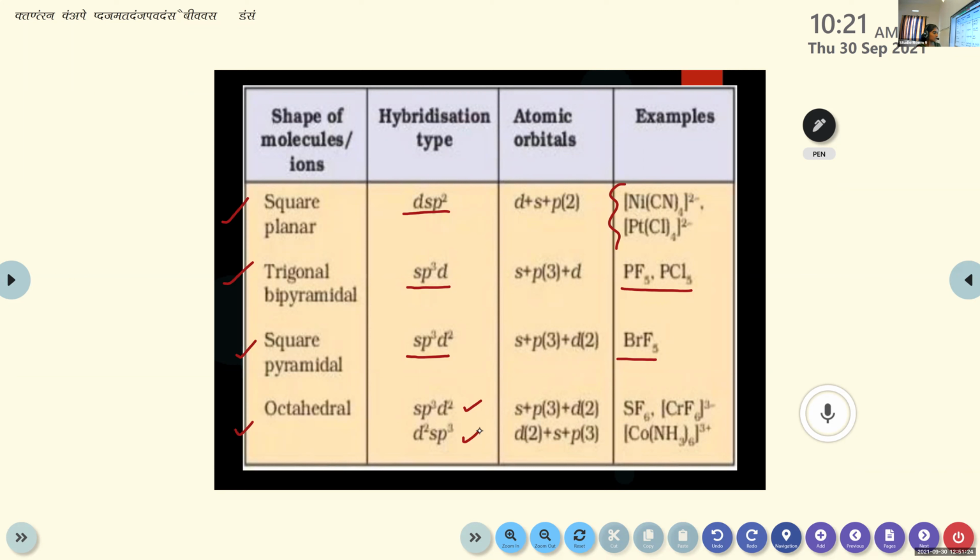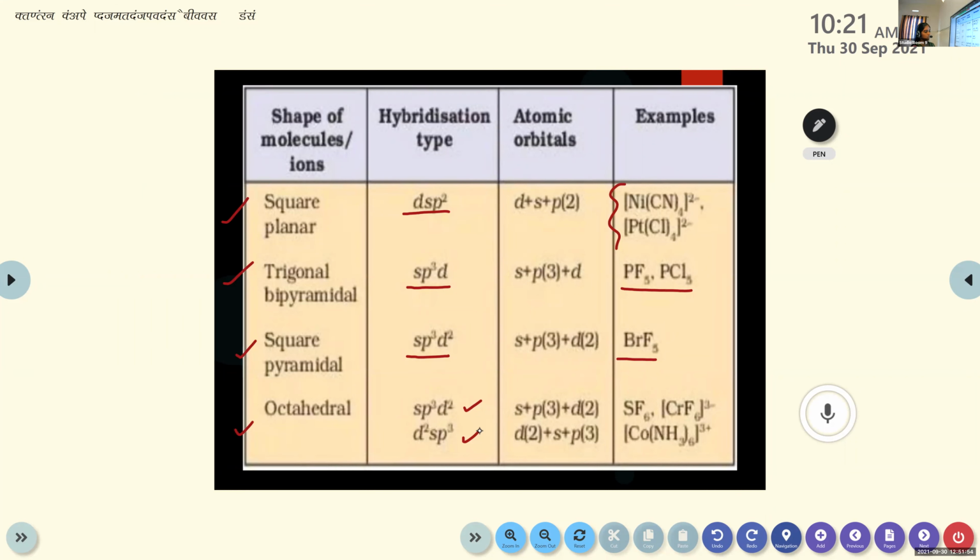Examples are SF6, [CrF6]3-, and [Co(NH3)6]3+. From this table, you have to learn the hybridization type, the shape of the molecule, and examples. We will learn more about the hybridization of PCl5 and SF6 molecules.